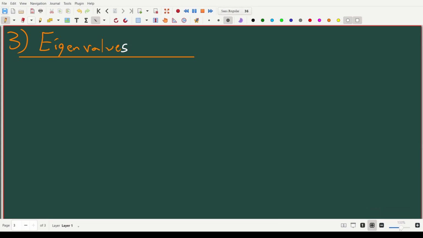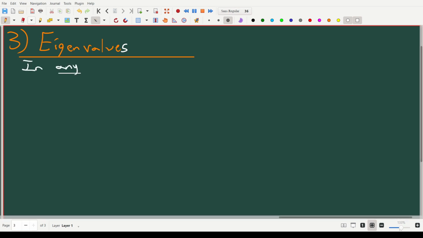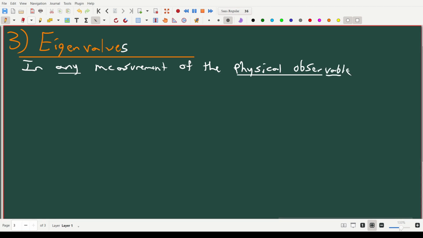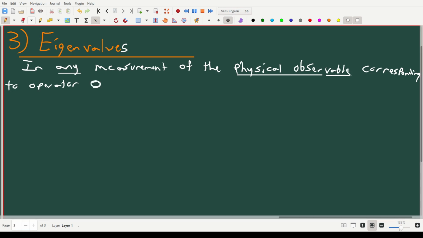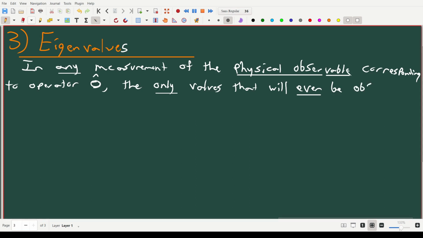All right, so my postulate is this. In any measurement of the physical observable corresponding to operator O, that could be color, energy, position, whatever, the only values I will read out, that will ever be observed, are, let me write it in a different color, eigenvalues.